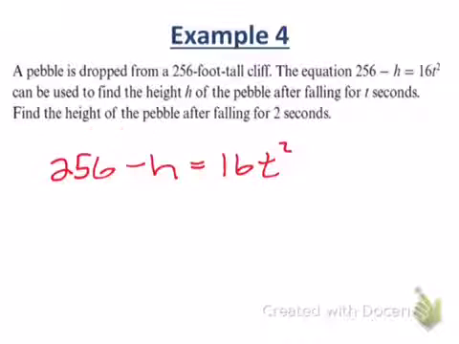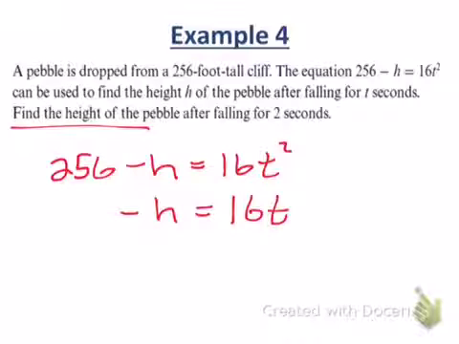So if we're going to find the height, I want to isolate h. If I subtract 256 from both sides, I get 16t squared minus 256. And how do I solve this for h?